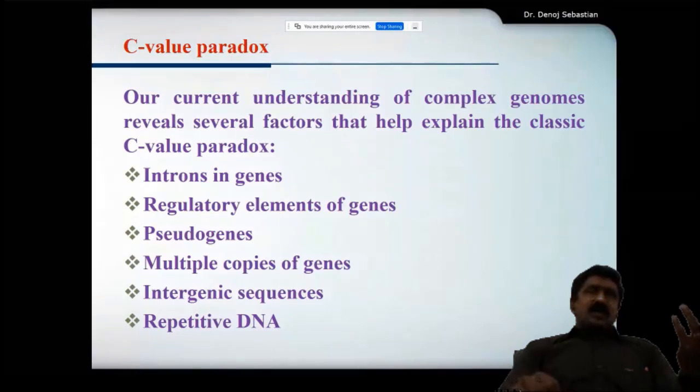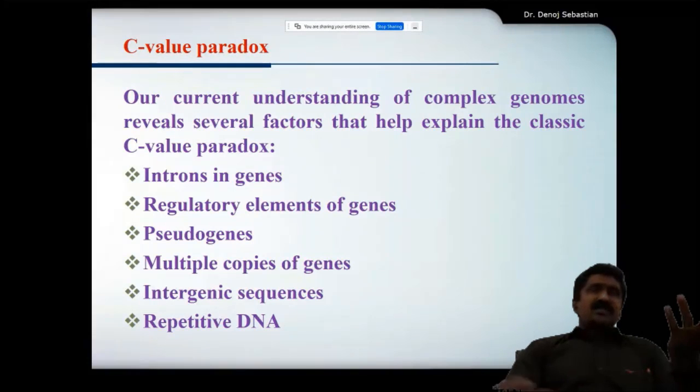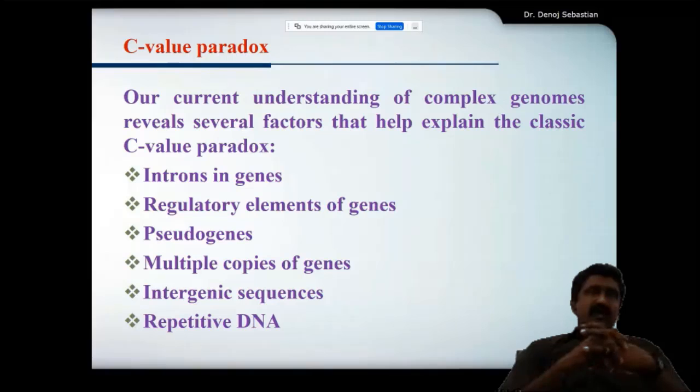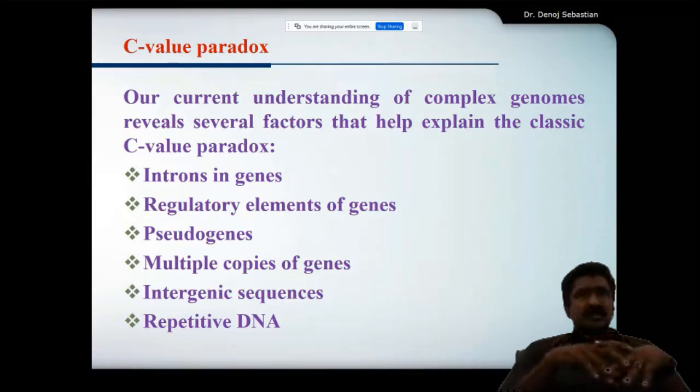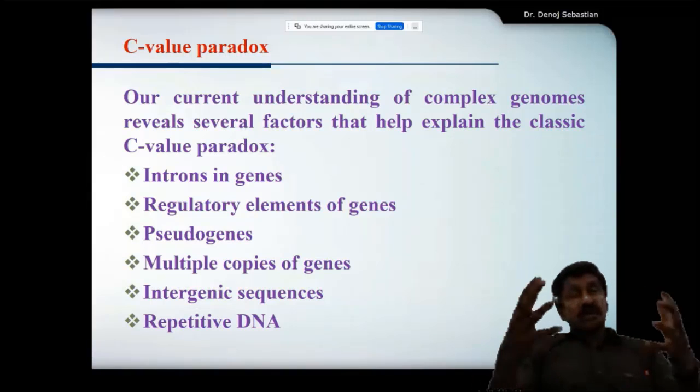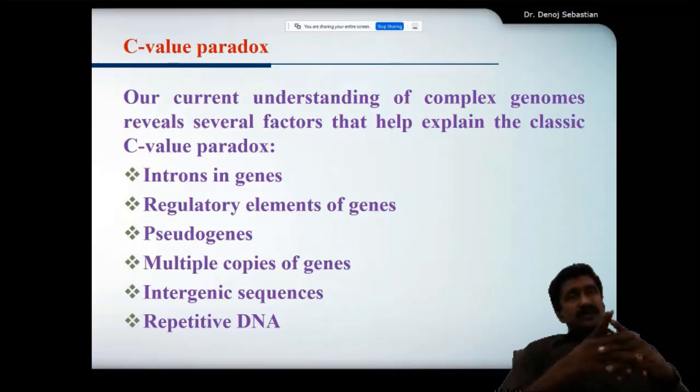The current understanding of complex genomes reveals several factors that would explain the classical C-value paradox. So it is not only repetitive DNA sequences. Now we can attribute many more regions of the DNA that contribute to the overall increase in genome size.